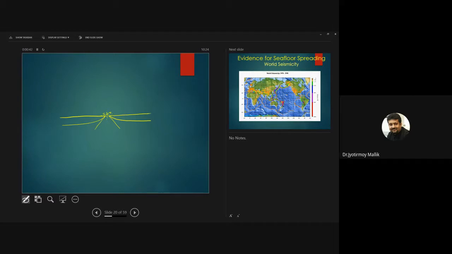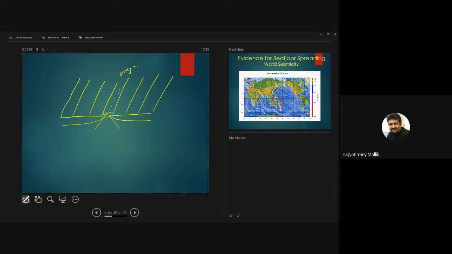Now, if I ask you to date these rocks, okay, what is the age? So we can essentially find strips of rocks. So this is 0 MYA, that means this is the present day rock, right? 0 million years old rock.